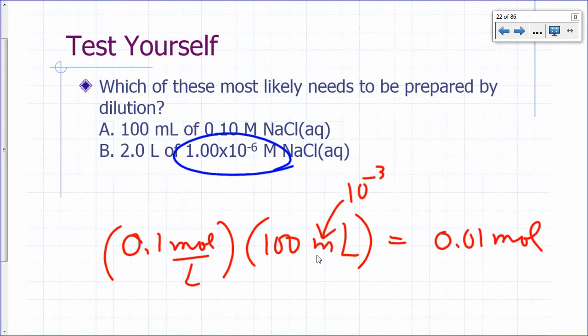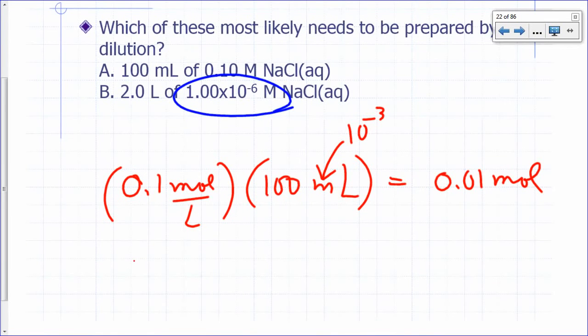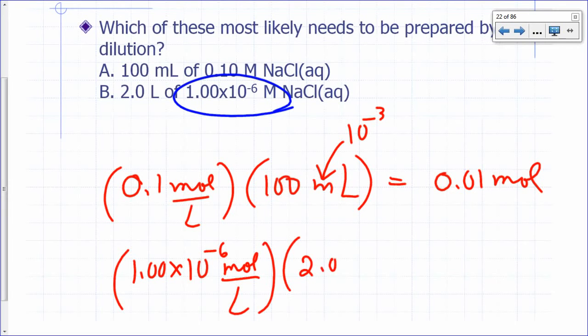Whereas the other one, you have 2 liters. We have 1.00 times 10 to the negative 6 moles per liter multiplied by 2 liters. That gives you 2.00 times 10 to the negative 6 moles.